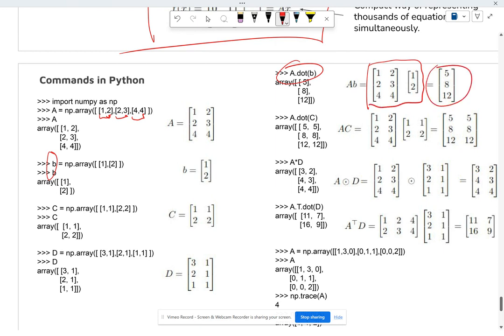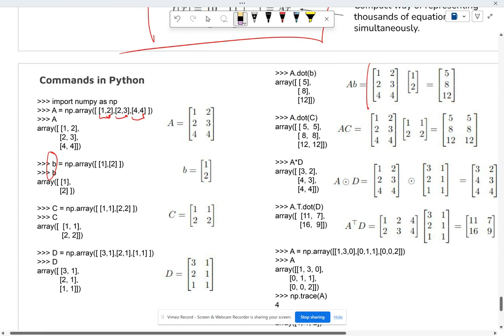And it will just give you the result. You can calculate multiplication extremely fast using NumPy. So you don't have to do it by hand. Or A dot C, which is equivalent to multiplying two matrices together. Notice how the results are the same. So if you type this out, it would just calculate it for you.